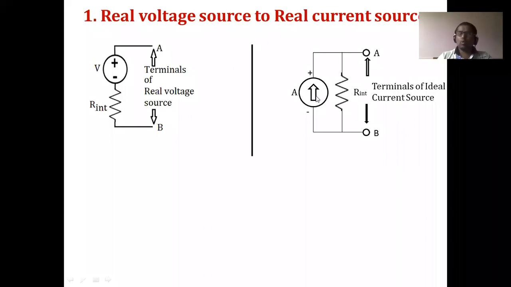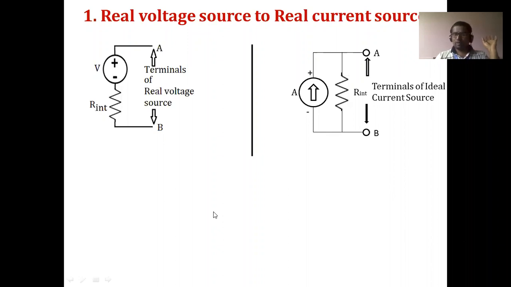Now what is the procedure actually? The procedure is so simple, we just have to apply Ohm's law. If we want to convert a real voltage source into a real current source, the first step is that the internal resistance of the voltage source is the same as the internal resistance of the current source.